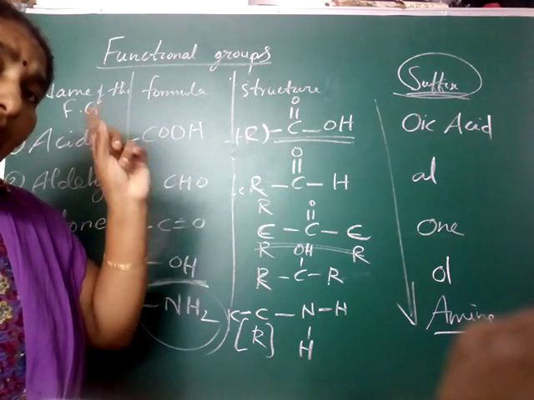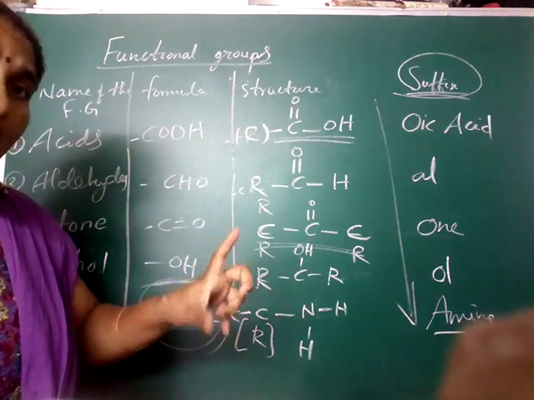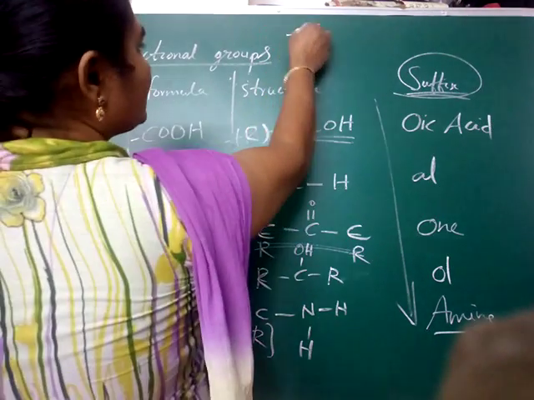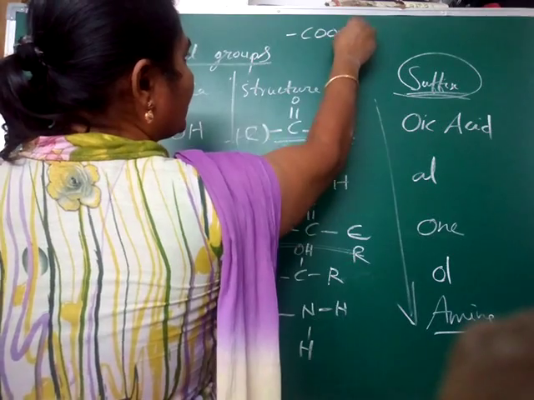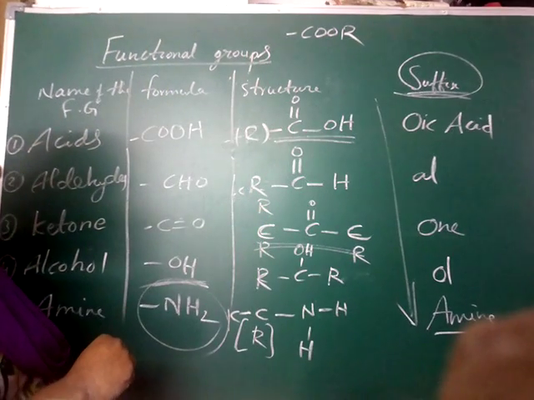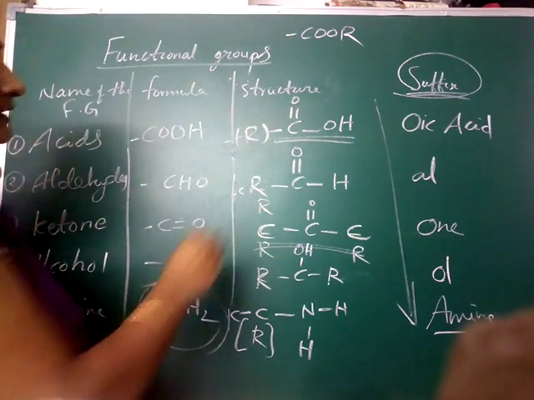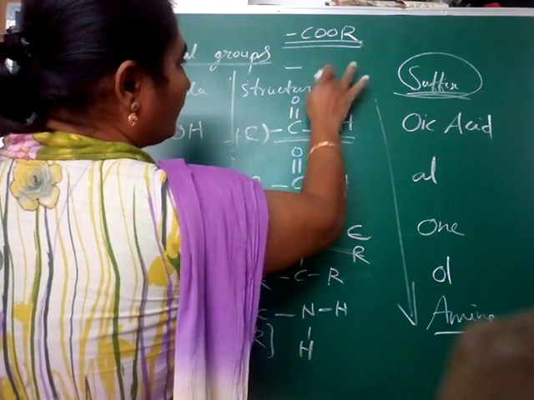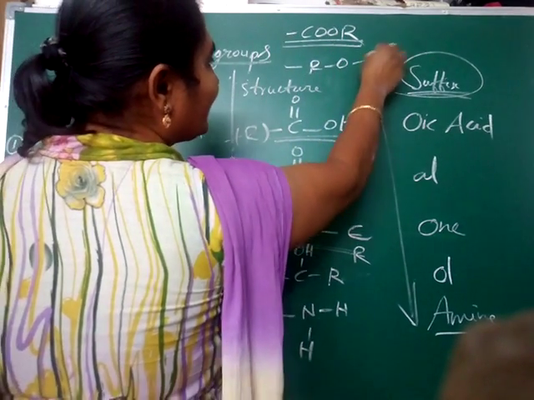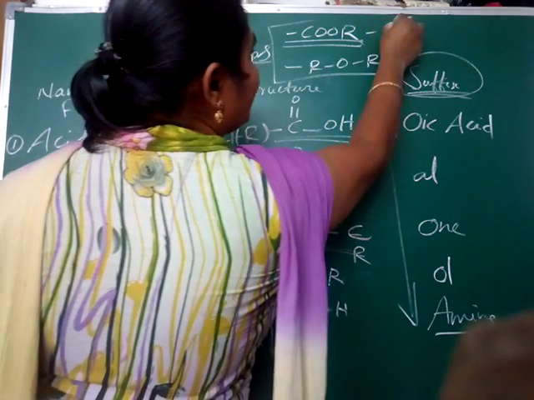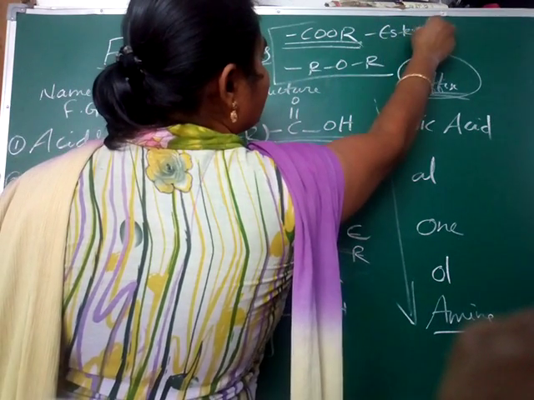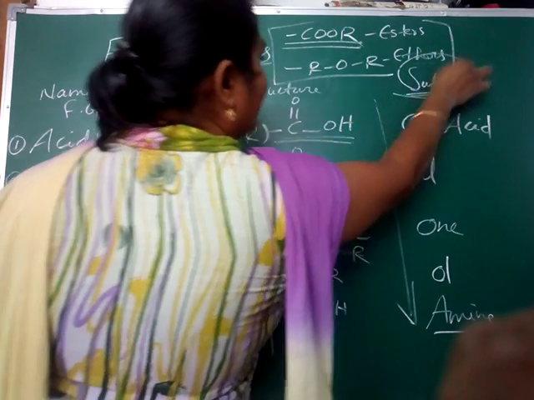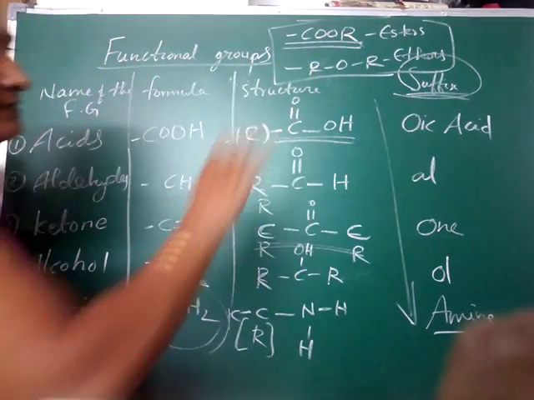I will explain about esters and ethers in another video, but a small thing: the esters functional group is COOR, and the ethers is ROR.